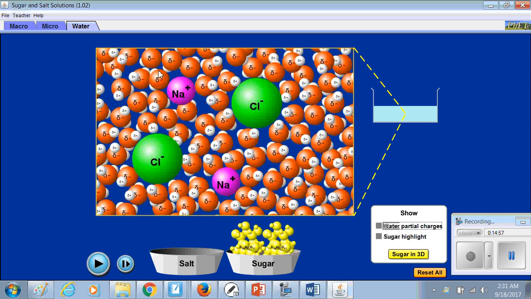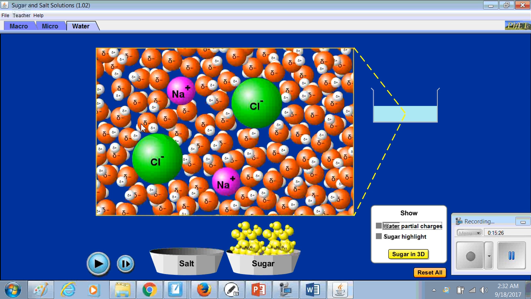So the oxygen end of water is going to be slightly negative, whereas the hydrogen end of water, because the shared pair of electrons between oxygen and hydrogen spends more time around that oxygen nucleus, the hydrogen ends are slightly positively charged. So they're going to orient themselves so that they're near this negative ion.